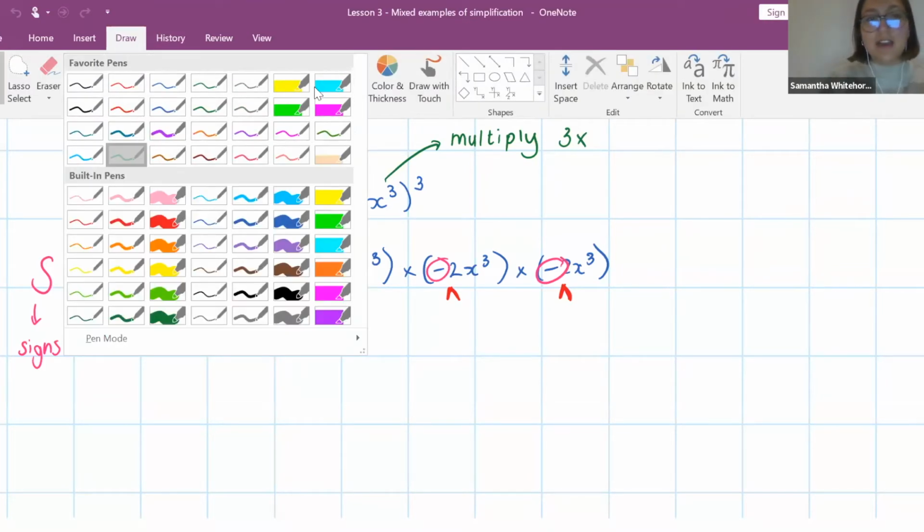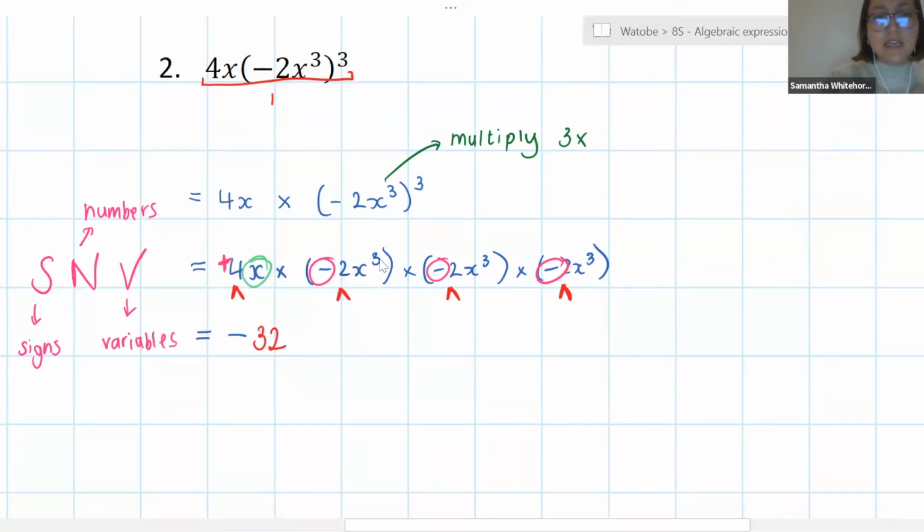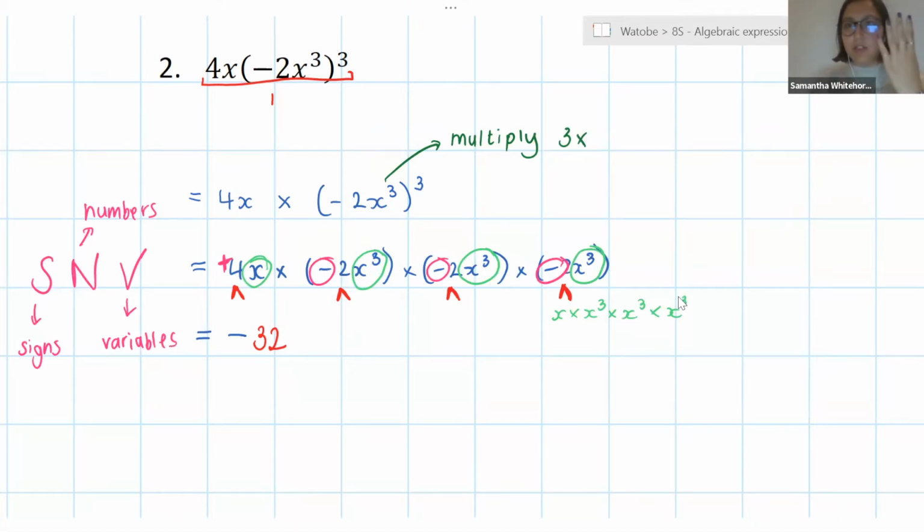If we have a look here, I've got an x times an x cubed times an x cubed times an x cubed. So if you want to write it out, you can: x times x cubed times x cubed times x cubed. And the little question you can ask yourself is, in total, how many x's am I working with? I've got 1, I've got another 3. Oh gosh, that's 4.